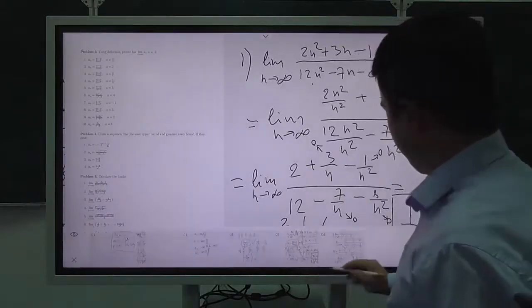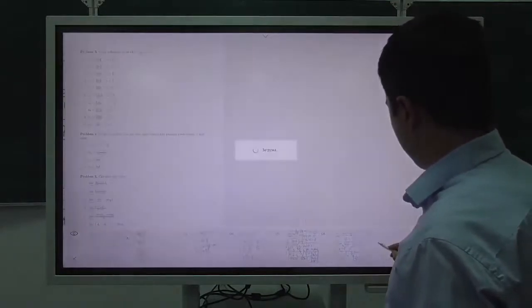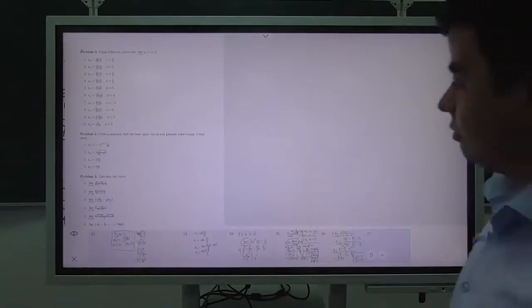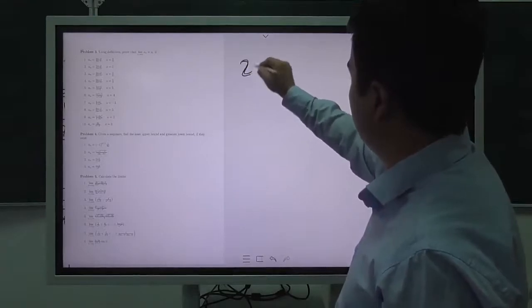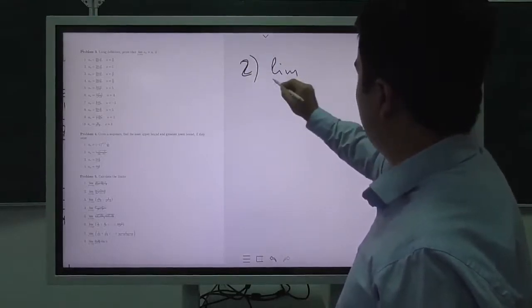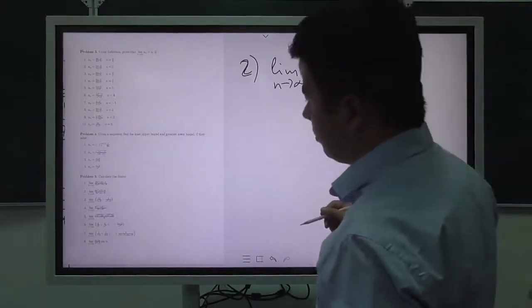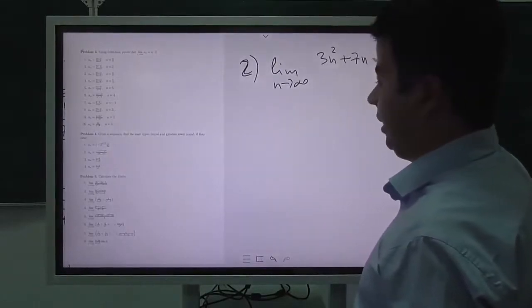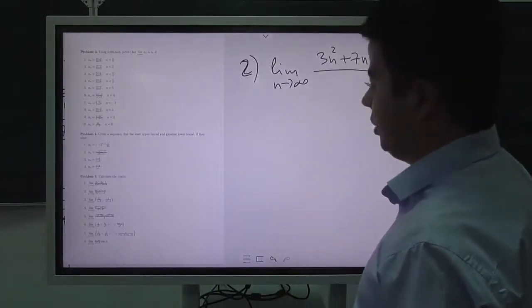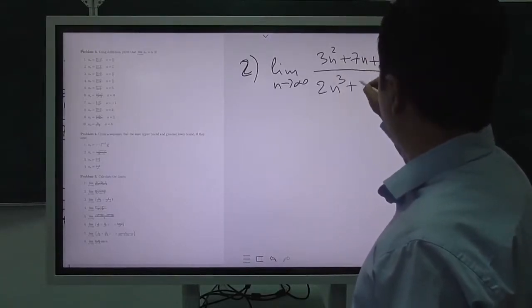So now let's consider the next example. So here the second one, limit n tends to infinity, 3n squared plus 7n plus 8 over 2n cubed plus n minus 2.